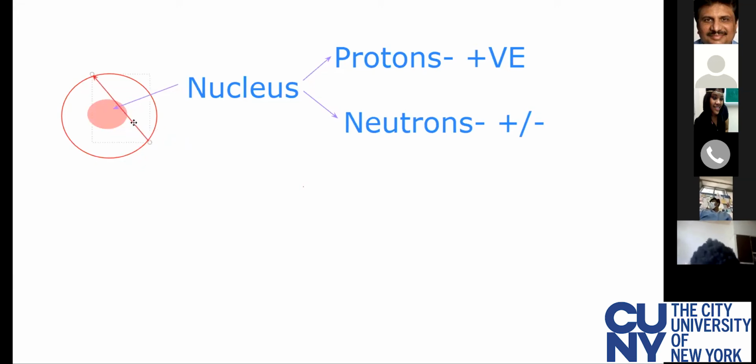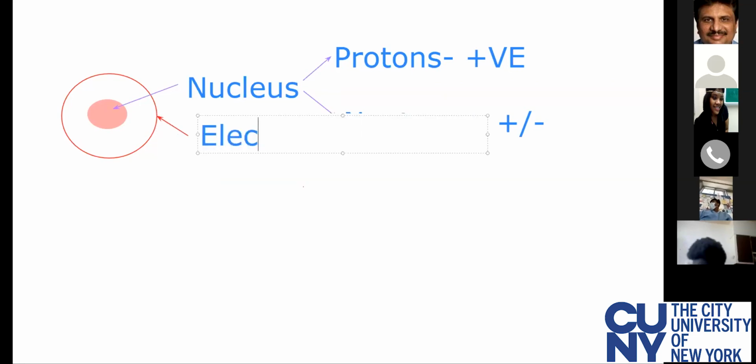The revolving particle is called electrons, and these electrons are negatively charged.